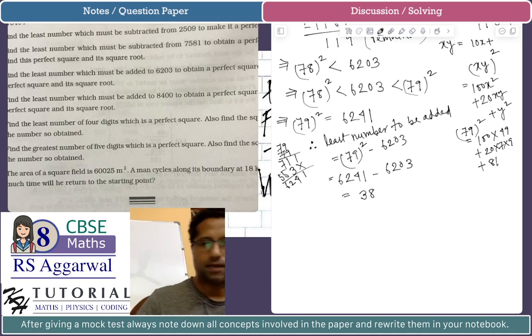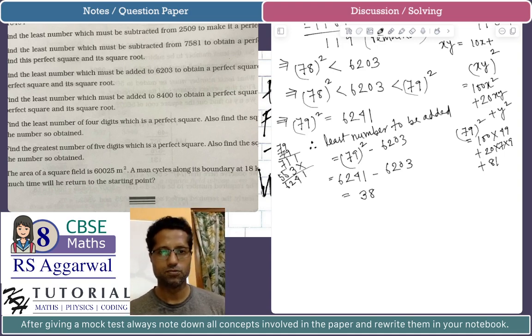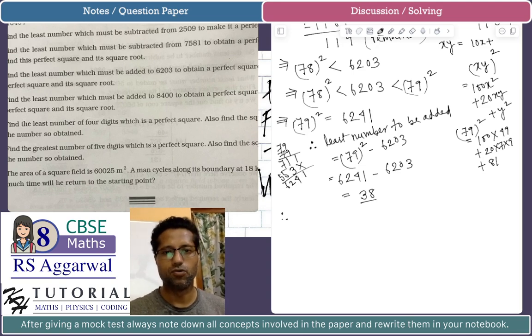So the least number that must be added to the given number, 6203, is 38, to obtain a perfect square.